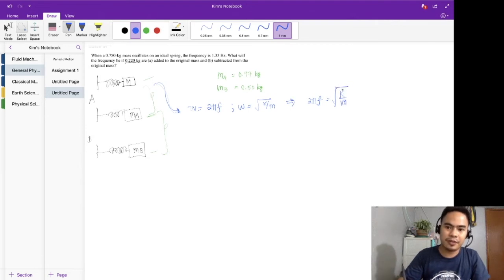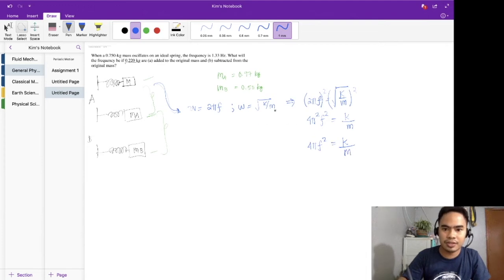So how do you find k? Of course, you have no other way but to square both sides. So squaring both sides, you have 4 pi squared f squared is equal to k all over m. So the radical sign is now removed.